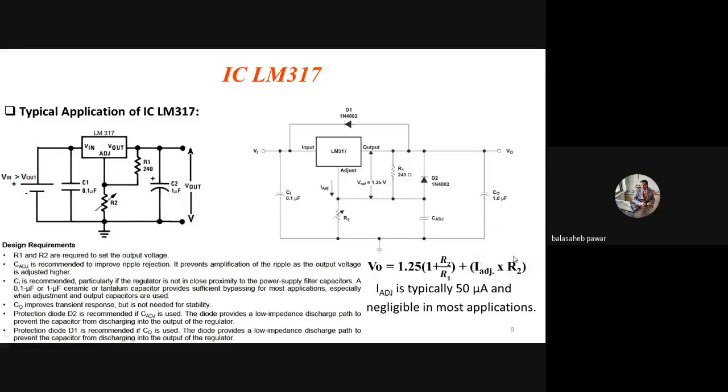So you can omit it. That's why I mentioned negligible in most of the applications. So you can prefer approximate analysis by using the simplified equation V equals 1.25 in brackets 1 plus R2 by R1. That's all. Is it clear about the output voltage, how it is to be calculated using this formula? Is it okay?